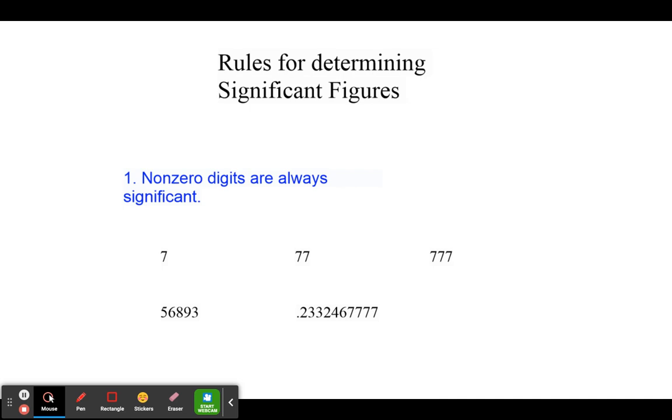On your notes page, how many does 5.98 have? 3. So write 3 on your sheet in that far right column, please. That's why I gave you the sheet, so that you could just add it into your notes. Any questions about rule number 1?